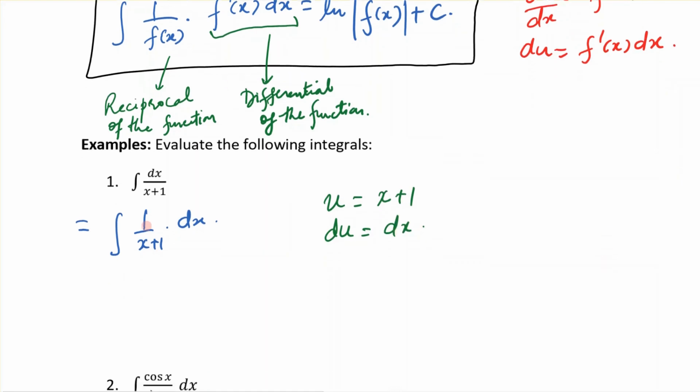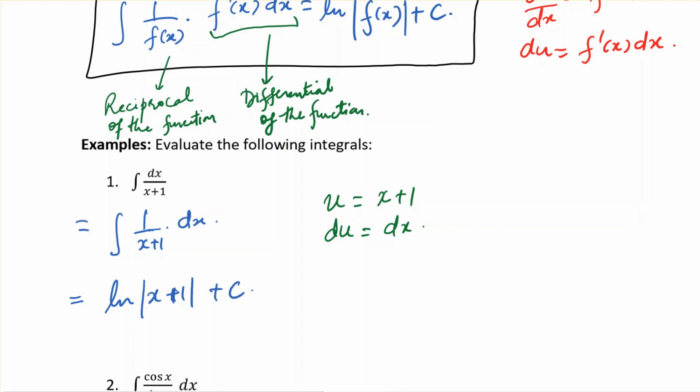So we have the reciprocal of the expression x plus 1 and the differential of that expression. Using the logarithmic form, our answer should be ln of the absolute value of x plus 1, plus c.